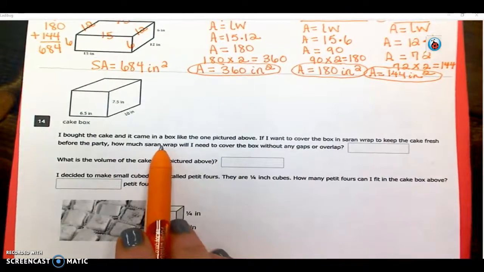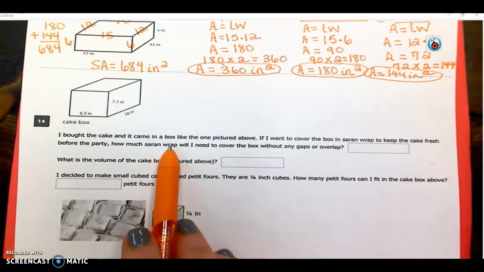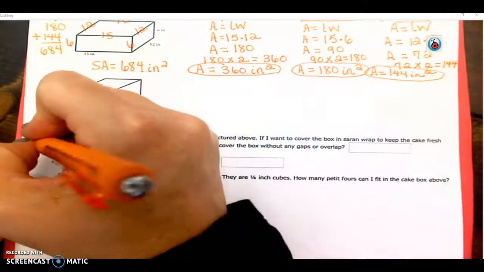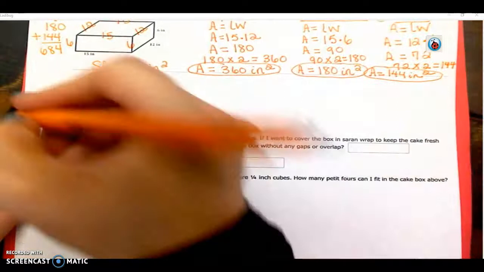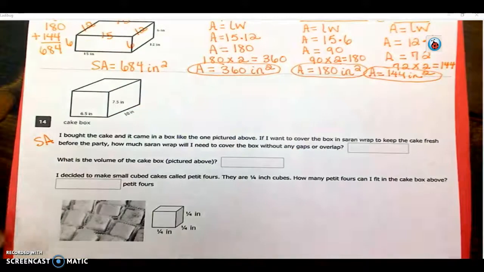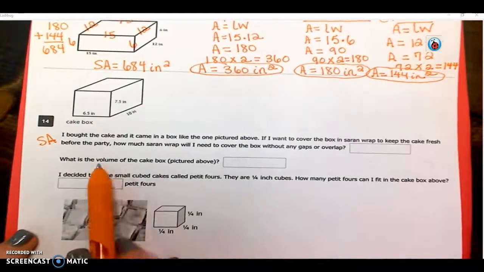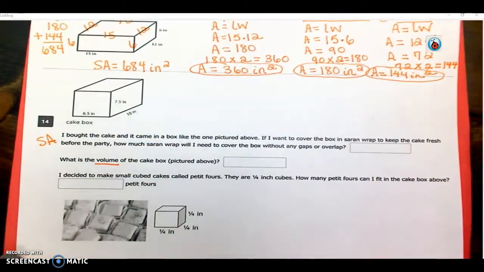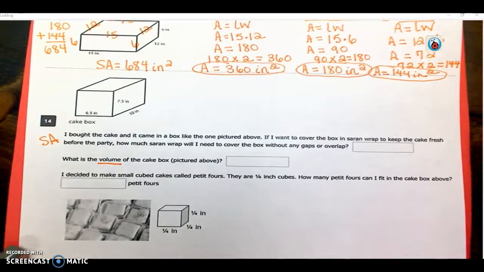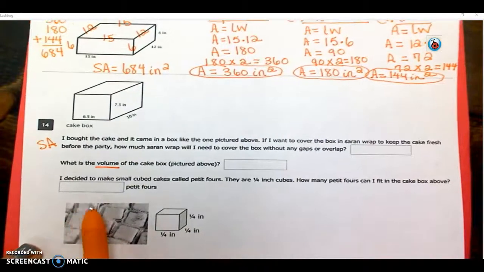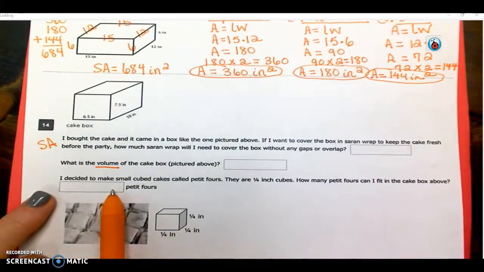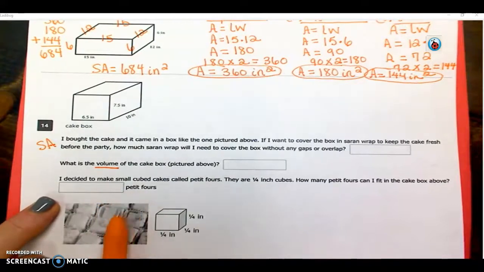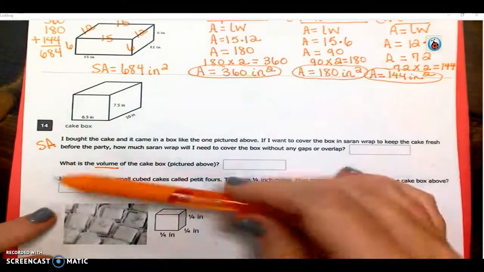So we know that if we're covering each side, that is going to be surface area. So we need to find surface area for that one. The next one is asking us what is the volume of the cake box pictured above. And then we have another question that we'll get to in a minute that belongs to the bottom part.